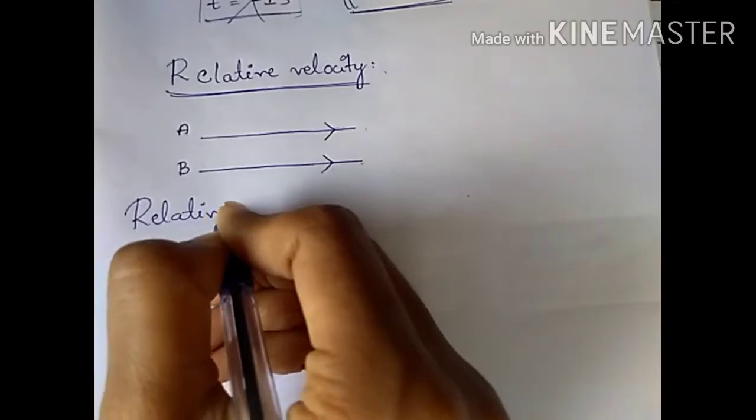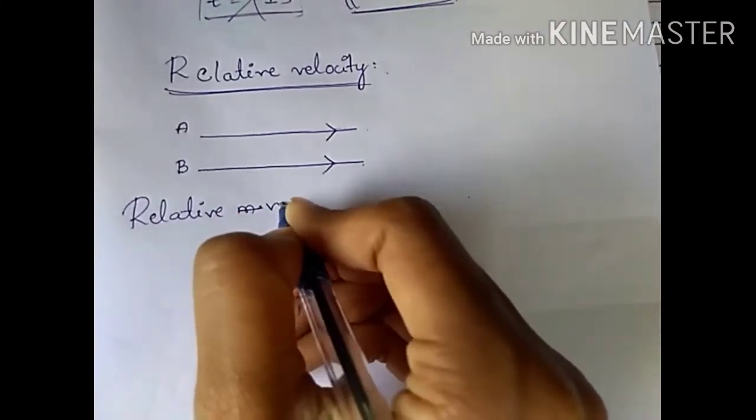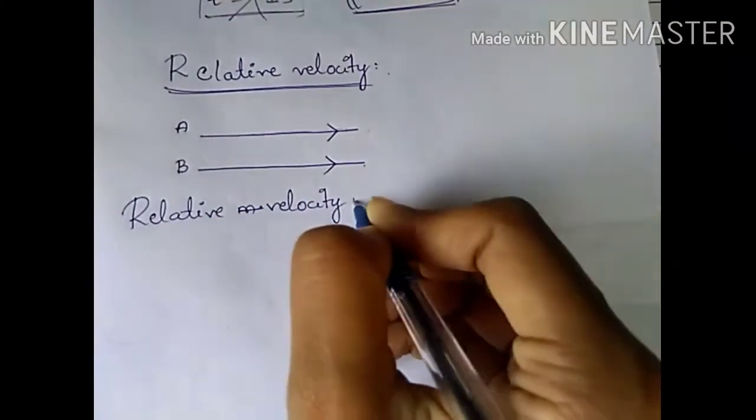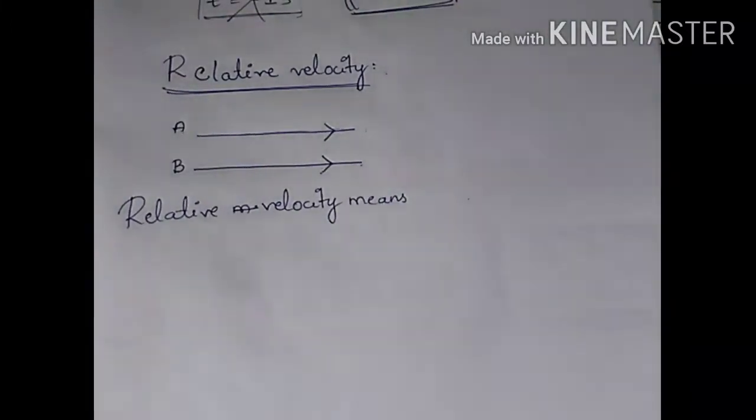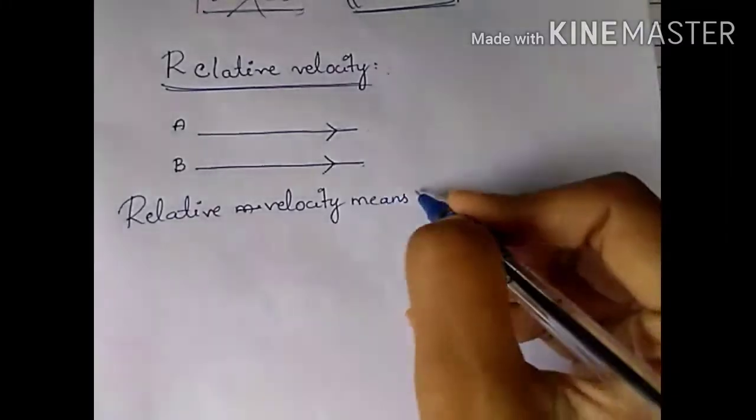Relative velocity means velocity of one object with respect to other object.